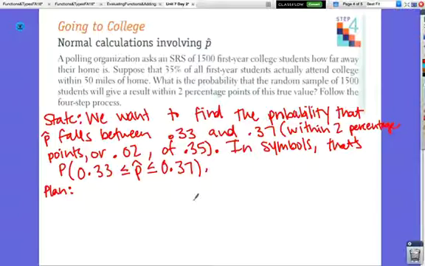The next thing we need to do is discuss the plan. So for the plan, we know that we're taking an SRS of 1,500 first-year college students.